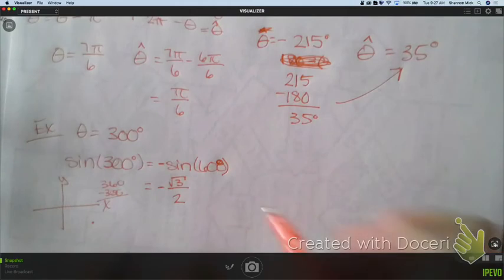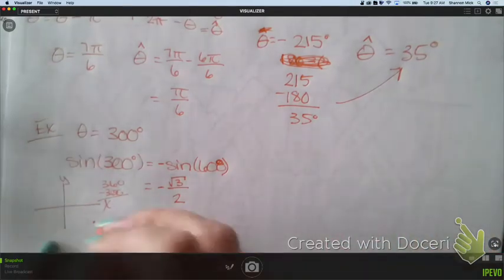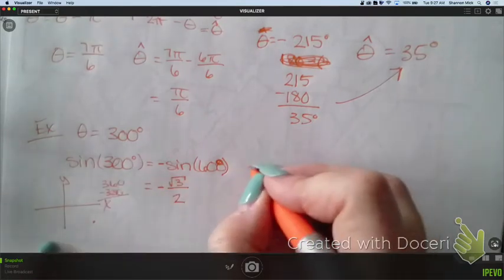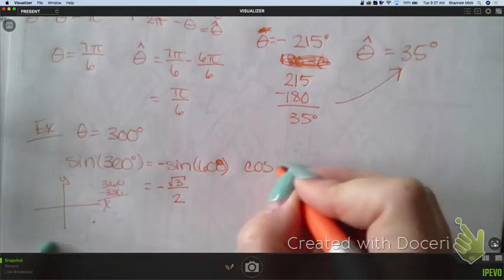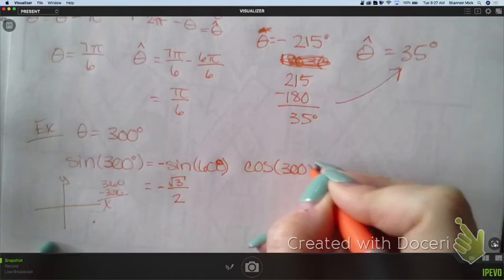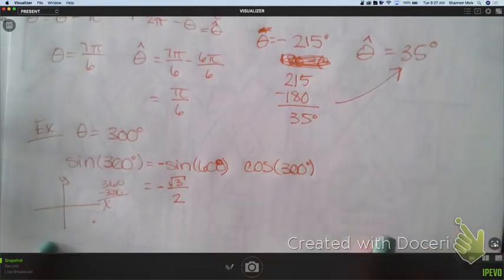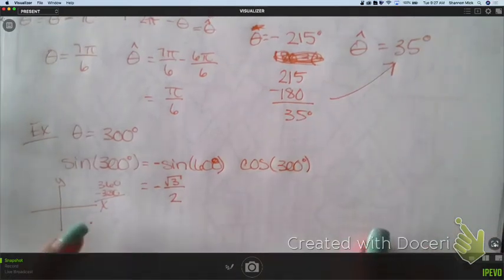Okay. So then I need the cosine of 300. Well, the cosine of 300, is it going to be positive or negative? Oh, positive. Why is it positive down here?